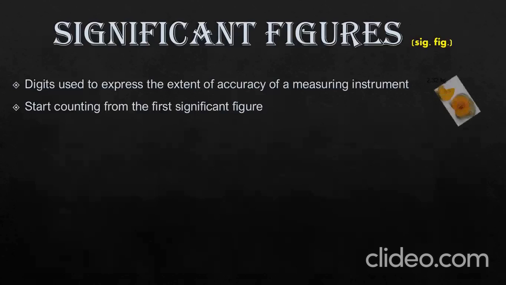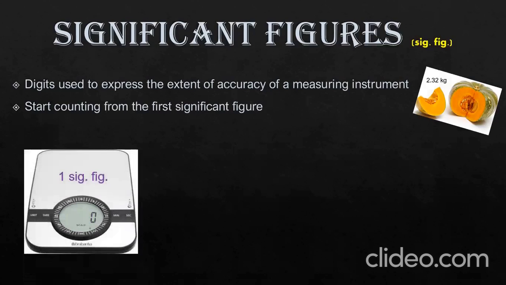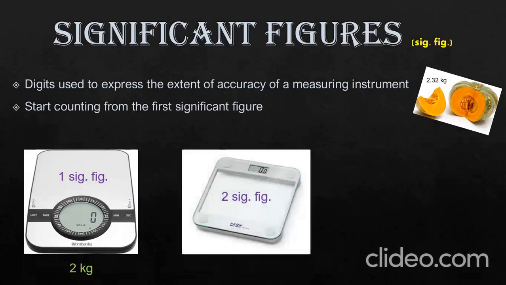Now, let us consider we have this pumpkin. We need to know what the mass of it is. The actual mass is 2.32 kilograms, but we have 3 possible scales that we can use. Our first scale can only measure 1 significant figure. So the most it will tell us is that the mass is 2 kilograms. We take a second scale, which can measure up to 2 significant figures.